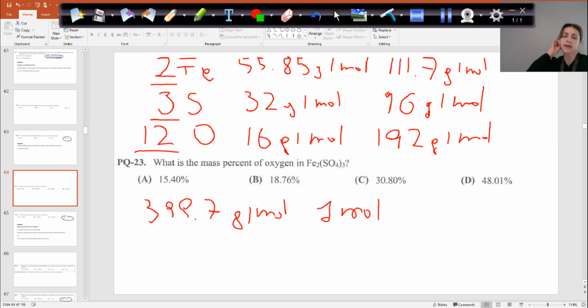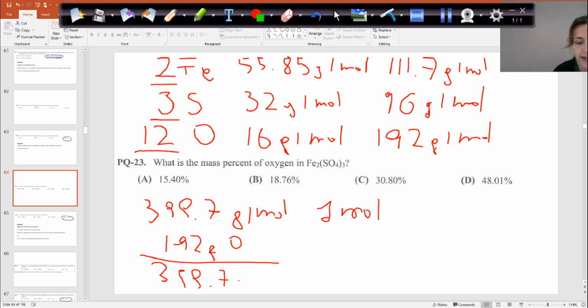In each 399.6 grams of this compound, how many of these grams are oxygen? 192. So I'm going to do 192 grams of oxygen in each 399.7 grams of the compound, times 100.